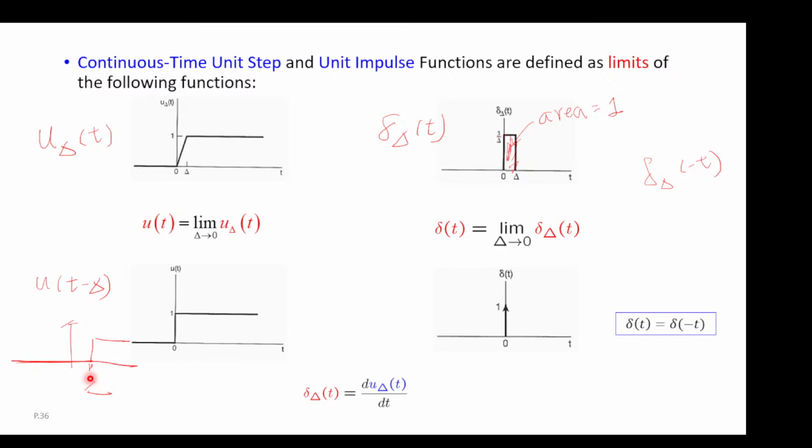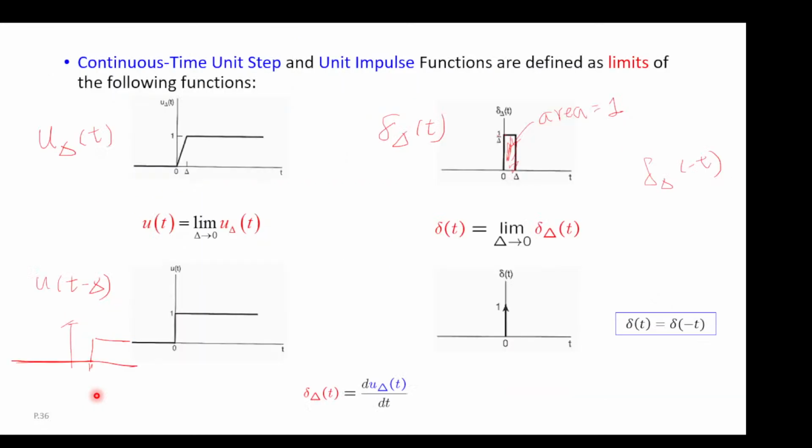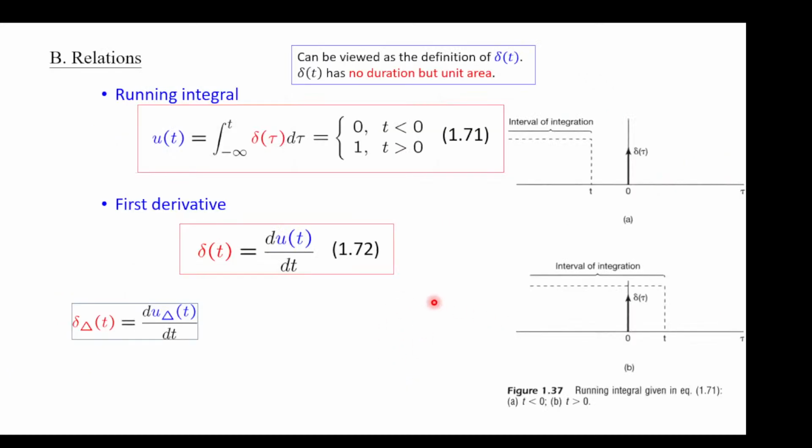So those are the definitions of the continuous time unit step and unit impulse function. Okay, maybe I'll just erase this. Okay, and the relation. Let's go to the second relation first. The unit impulse function is the derivative of the unit step function.